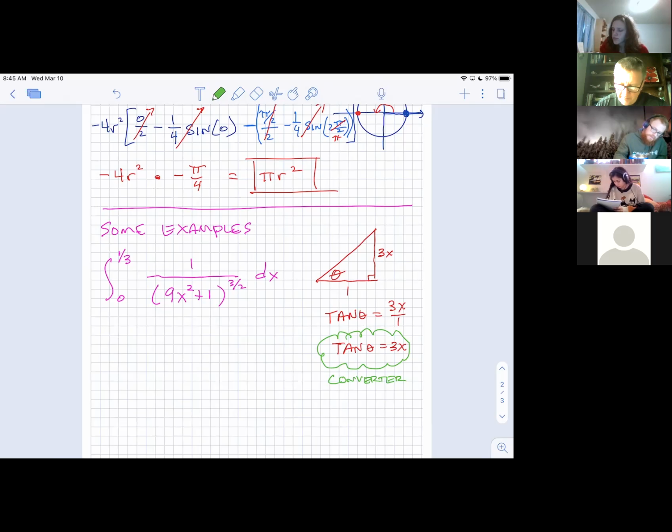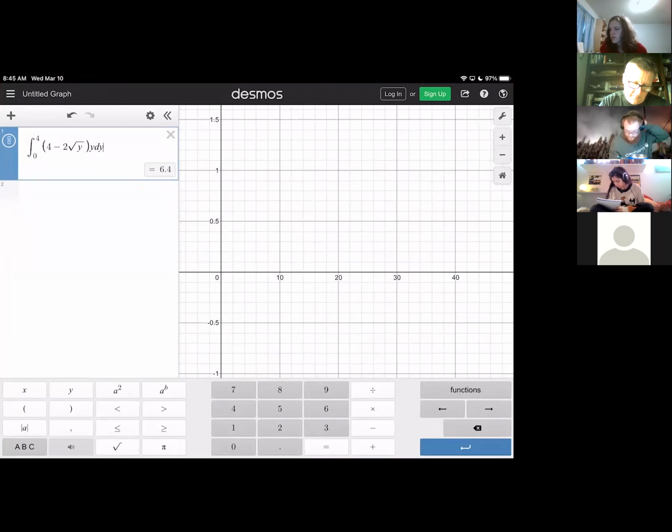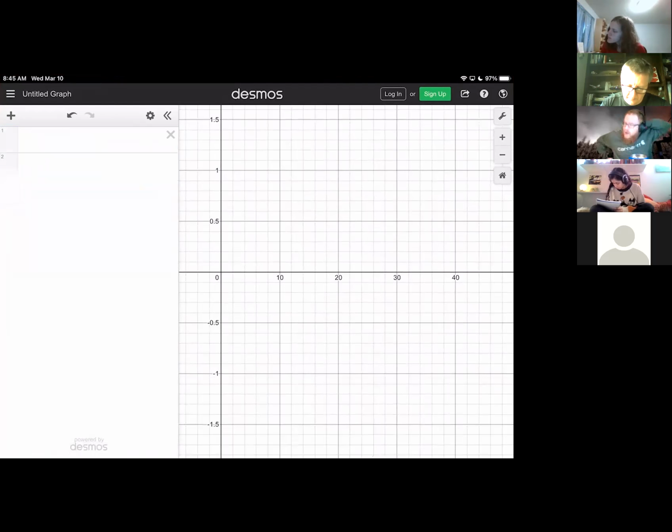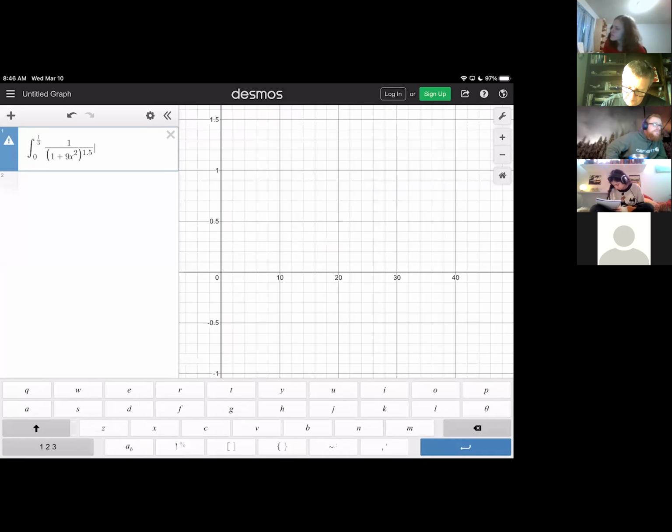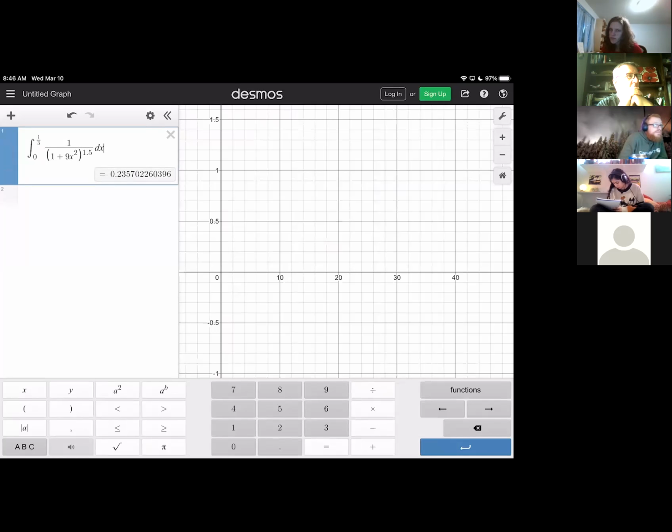So I'm going to go over to Desmos and do that so we have the right answer. So I got 0.2357.